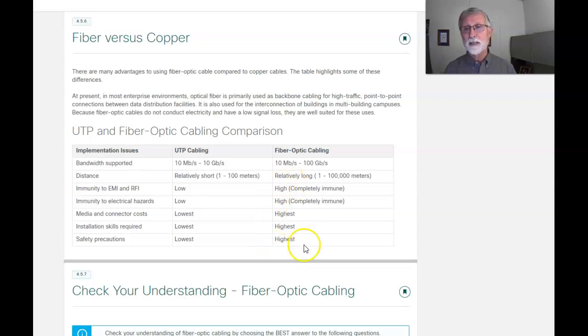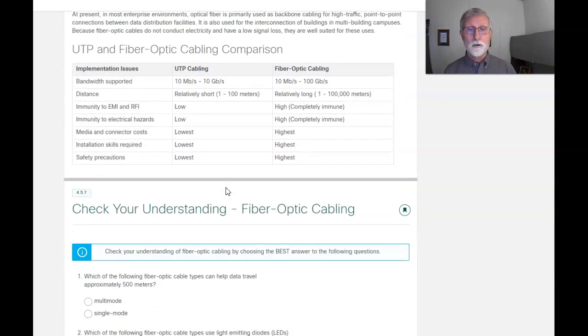Yeah, it may cost me some price to get them installed, but I get high speed. Once they're protected, I get no interference, and then I can run the shorter distances this way. Because if I've got to run from a switch on the first floor to a switch on the second floor with slow speed, that minimizes how much traffic I can handle. So just keep that in mind.